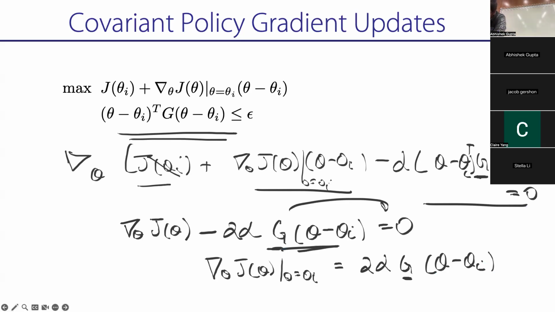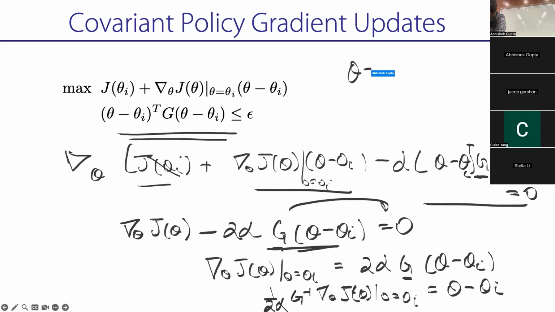So this becomes 1 over 2 alpha G inverse of the gradient is equal to theta minus theta I, which means that theta is going to be theta I plus some epsilon, which is our step size, times G inverse times the gradient.